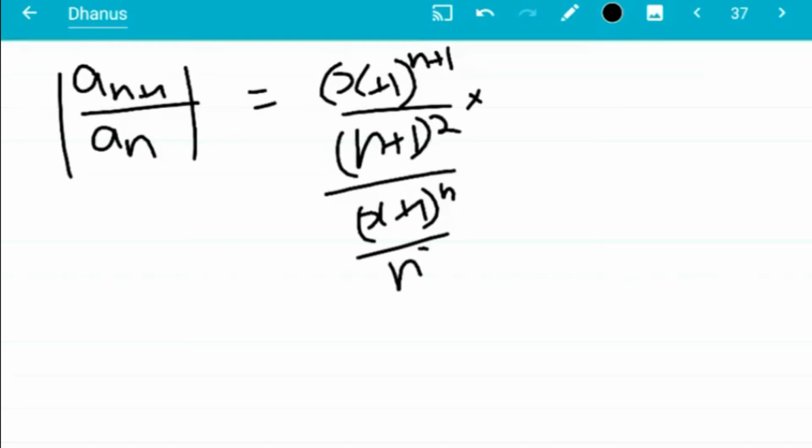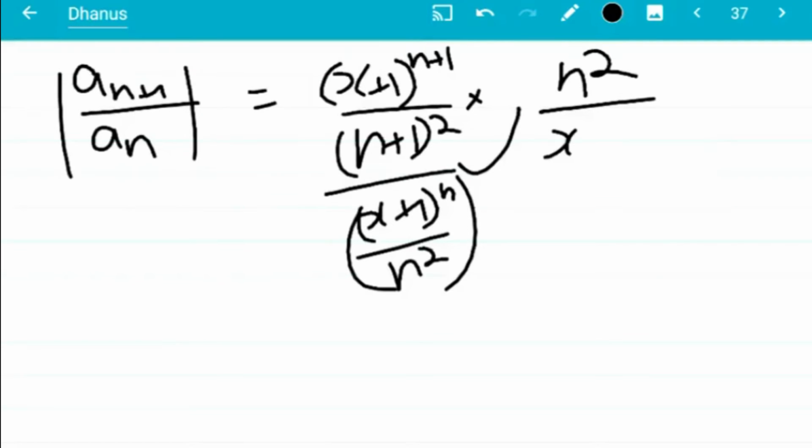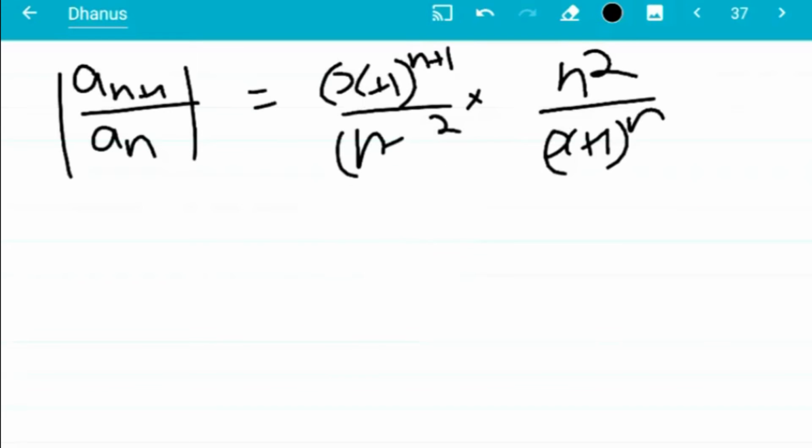Yeah, this thing will come to here, that will be n square by (x plus 1) all raised to n. Finally this will be equal to x plus 1 into n by (n plus 1) square.